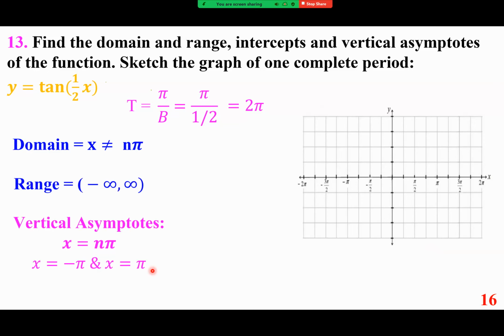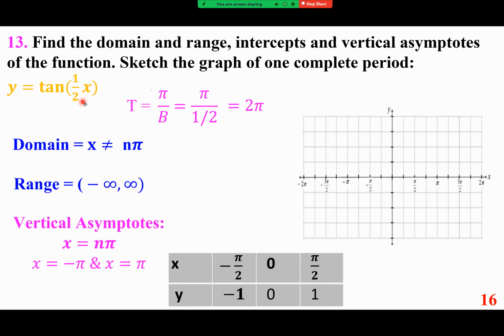If you plug in a 0 here, you get 0. If you plug in pi over 2, you get pi over 4. Tan of pi over 4 is 1. If you plug in minus pi over 2, you get minus pi over 4, which is negative 1.